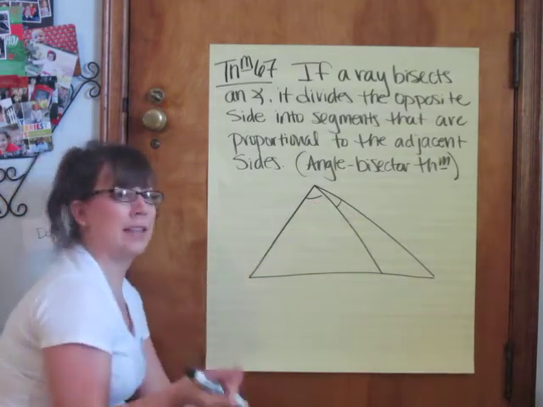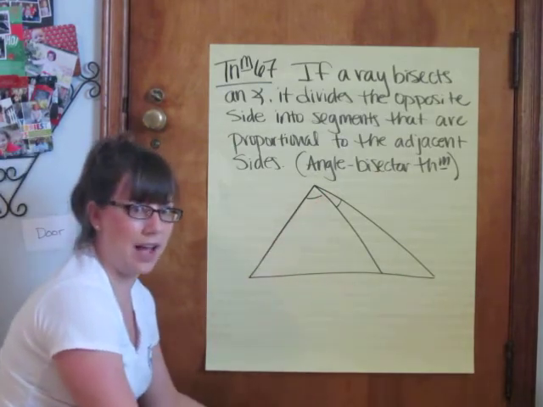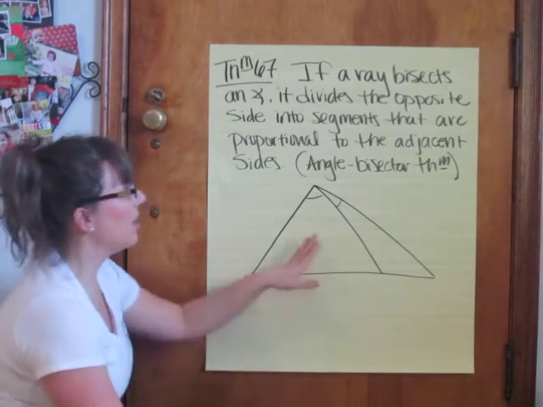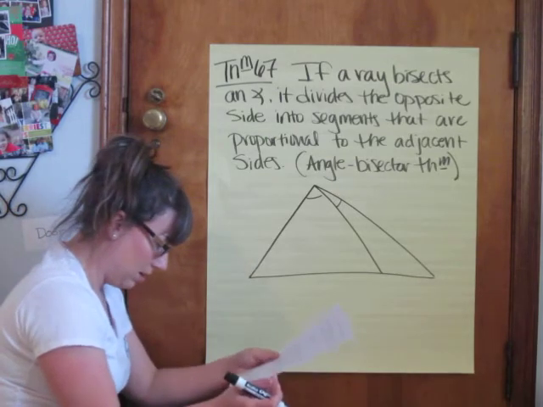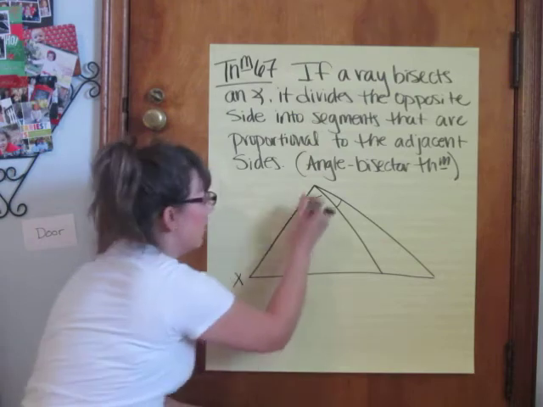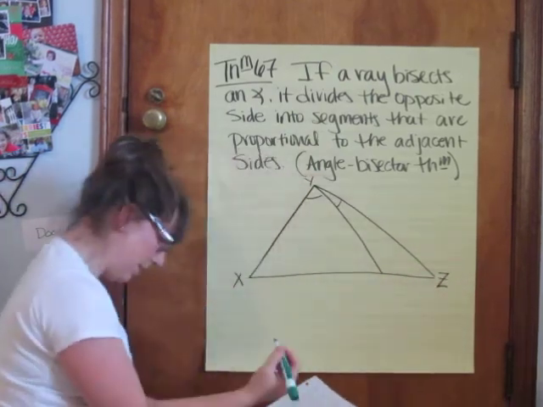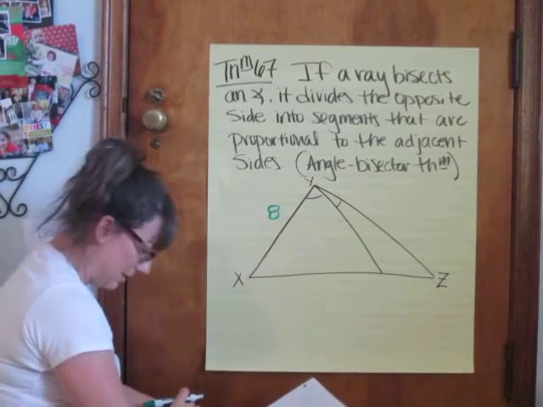Okay? Now, at the beginning of the year, you all said that if we bisected the angle, we must bisect the opposite side. And I said, no way, no how. That's not the way that it works. This is the theorem that shows what actually does happen. So, for example, let's see, what do I want to call these guys? I guess it doesn't matter. X, Y, and Z. And I'm going to tell you that XY is 8.